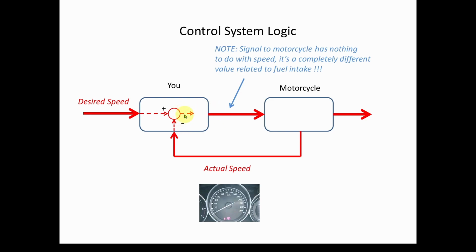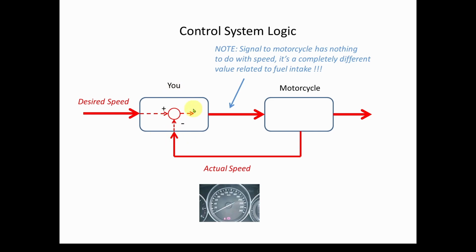I can't feed that number, 60 miles an hour, to the motorcycle. It doesn't know what that means. All the motorcycle knows is fuel valve position. What's the position of the fuel valve and how much fuel is coming into the motorcycle? So the signal to the motorcycle has nothing to do with speed. It's a completely different value related to fuel intake.